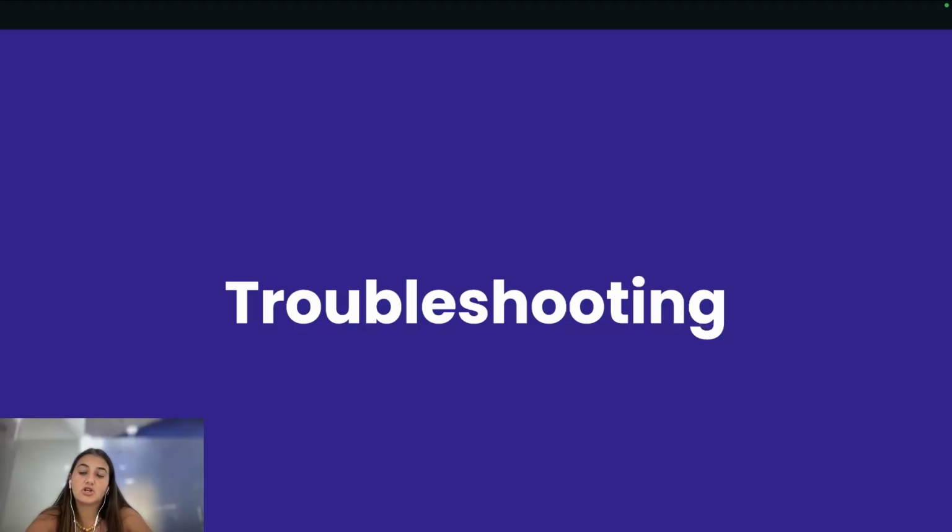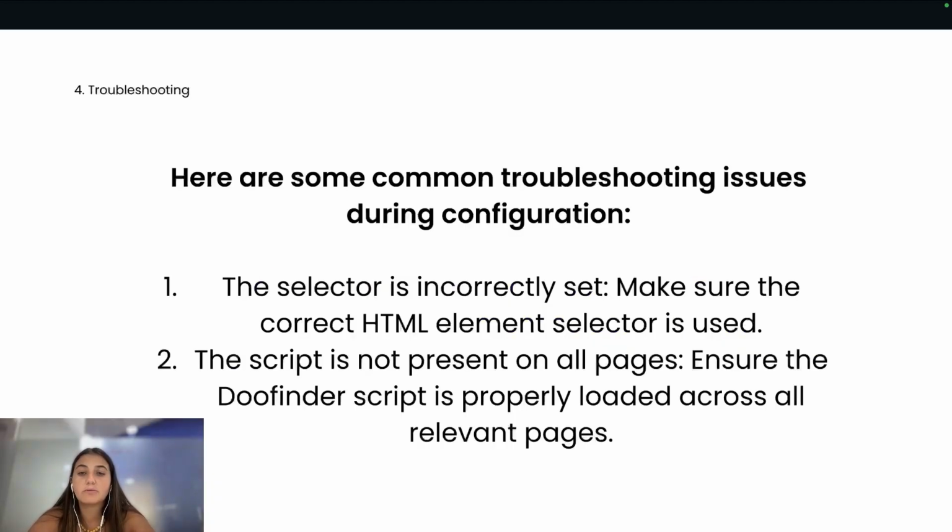Now I have configured my carousel and it's not appearing. Why might this happen? First, because the selector that you've chosen is not as specific as it has to be, or it's incorrect. You can try different CSS selectors to see if it appears, and if it's not working, you can contact us and we can let you know the issue behind it.